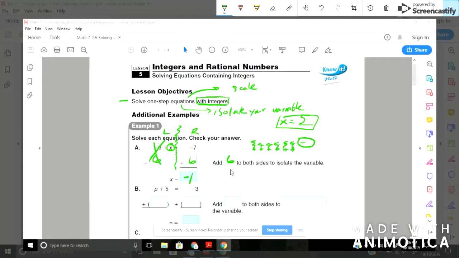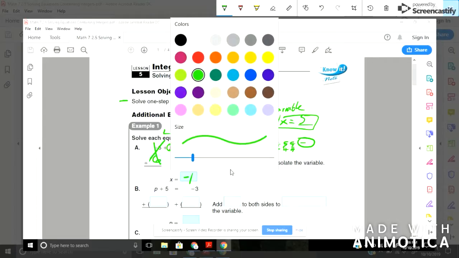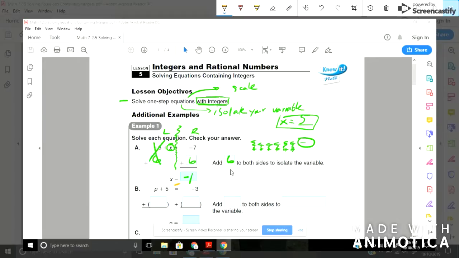Let's look at letter B. It says P plus 5 equals negative 3. So what number, when we add 5 to it, would give us negative 3? Again, I think it's helpful to split my equation at the equal sign. On the left-hand side, I need to get rid of this plus 5 because that's in the way of isolating or getting P all alone.